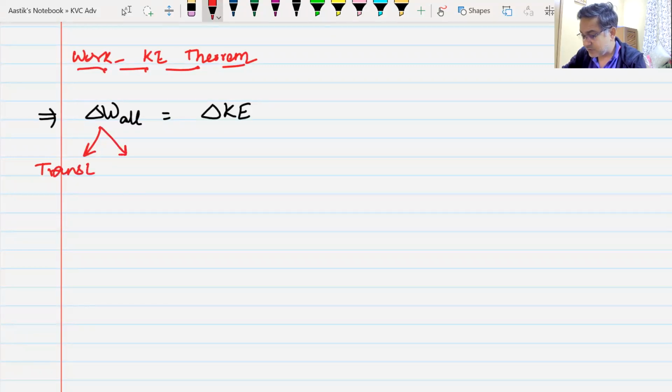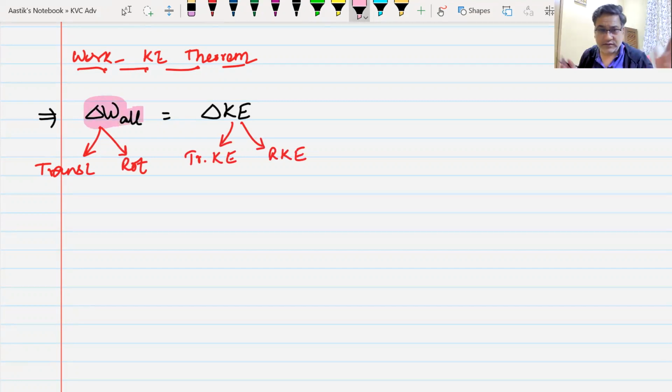as well as work done for rotational motion. This change in kinetic energy will be change in translational kinetic energy, and also change in rotational kinetic energy. Do we understand this? Yes or no? Yes, sir. Or we can break this work into two parts: work done in translational motion and work done in rotational motion.